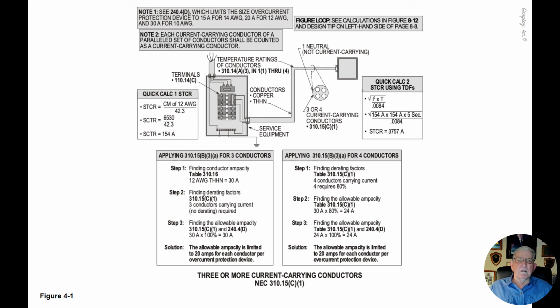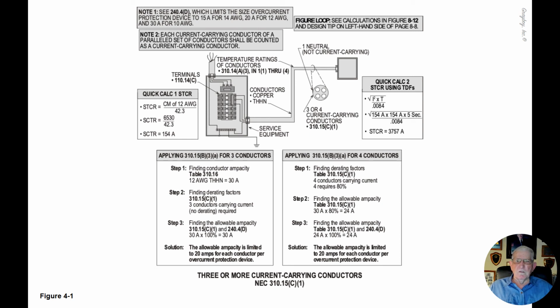But if we have a time delay fuse or a clearing device of a quarter or a half cycle or 2 cycles, just remember you can take 0.0084 seconds, and it's obtained by taking a half cycle times 0.0167.